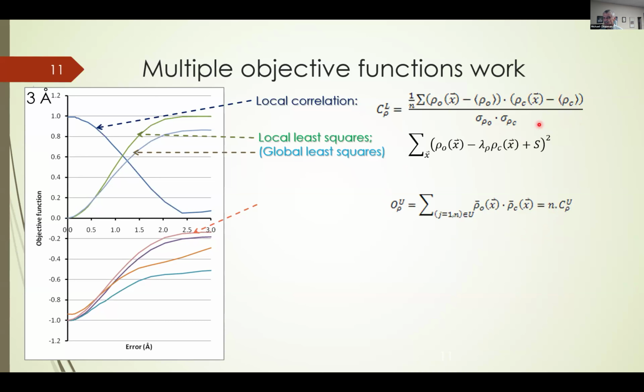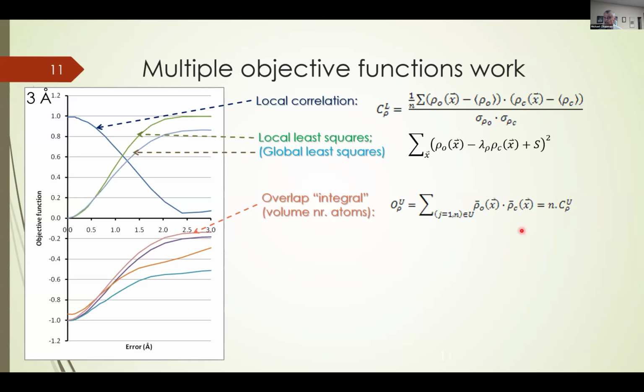And we also set the standard deviations of both of our maps to 1. And then we end up with this simplified function here. It is a correlation coefficient, but it now becomes apparent that this is an overlap integral. It's just the product of two fields. And so that's already a little bit quicker.